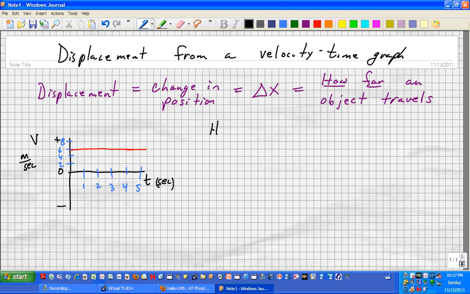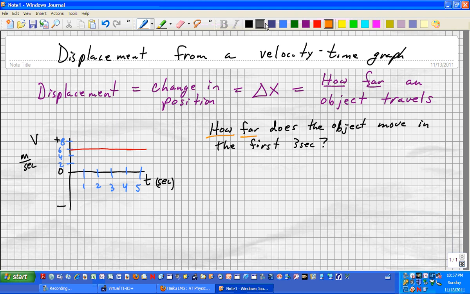Say their question is, how far does the object move in the first 3 seconds? Well, that means I'm looking for a displacement.